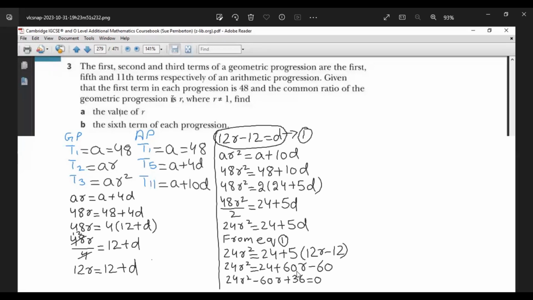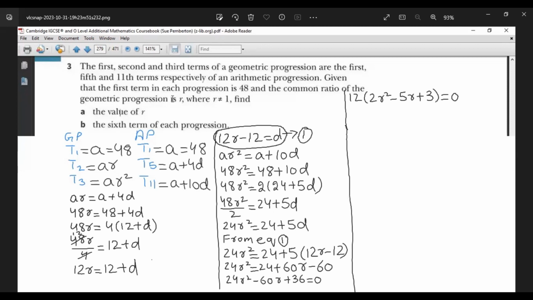Okay. Now, after this, what I can see over here in this one, that 24, 60 and 36, I can take something common from here. So what I'm taking common from here is 12. So when I take 12 common, what will be left over here? I will be having 2R square minus 5R plus 3 equals to 0.